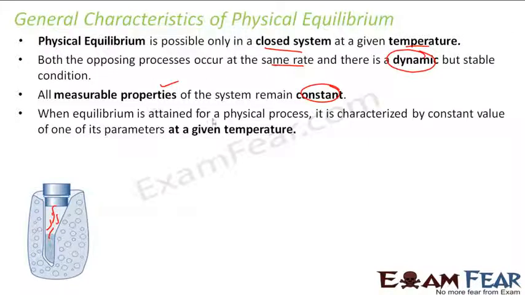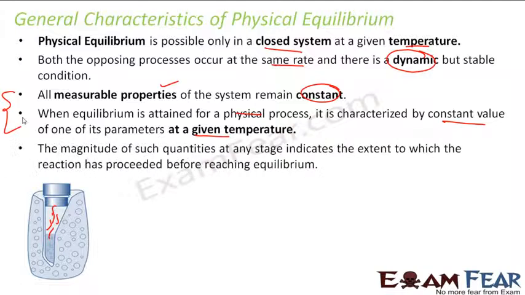So when the equilibrium is attained by a physical process, it is characterized by a constant value of one of its parameters at a given temperature. That's why it says that all the measurable properties are constant. The magnitude of such quantities at any stage indicates the extent to which the reaction has proceeded before reaching the equilibrium.